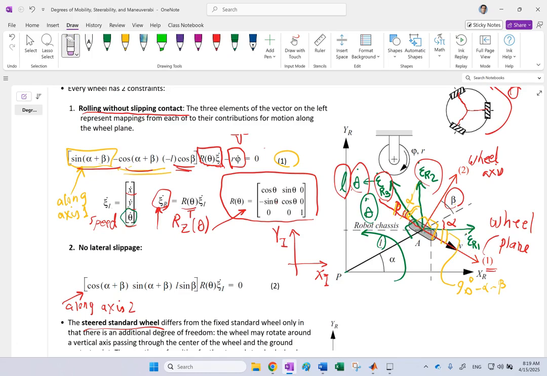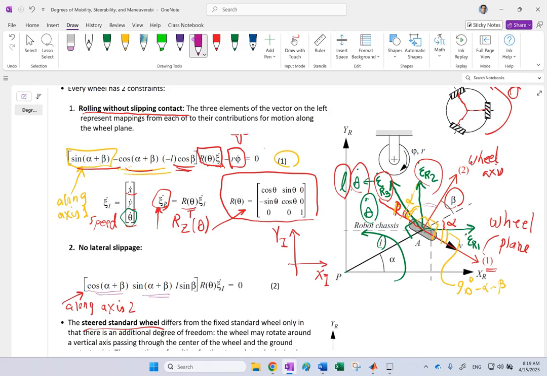Clearly the angle is alpha plus beta, so it is going to be cosine of alpha plus beta, which is exactly what you can see here. For xi dot r2, the angle of that with axis 2 is this one here, and that is 90 degrees minus alpha minus beta. Cosine of that is sine of alpha plus beta, so that is what you can see here.